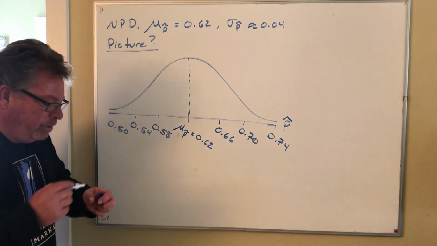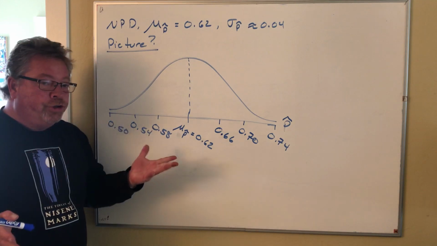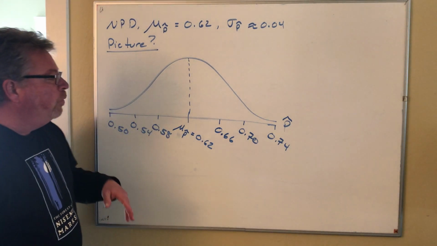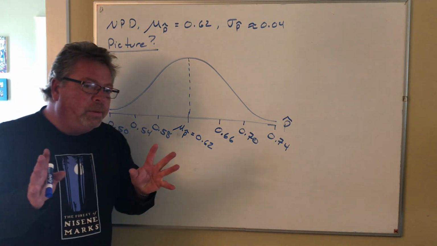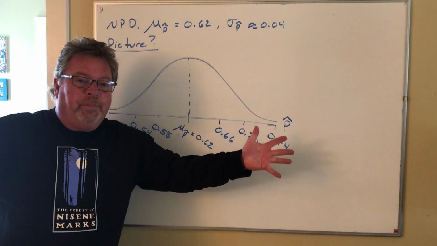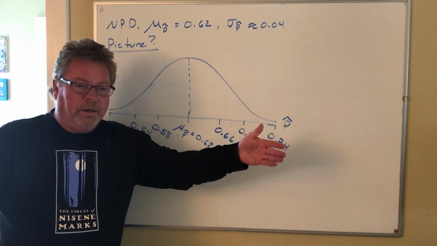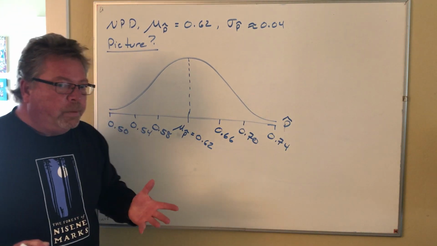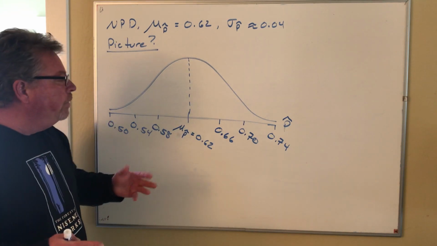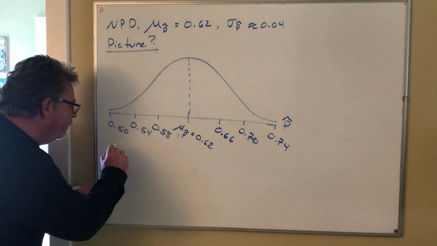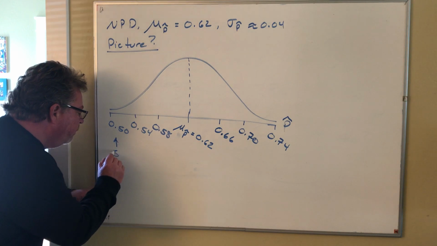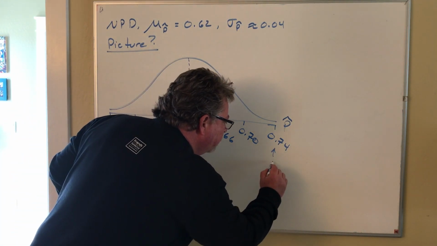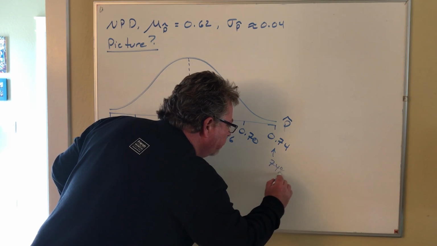So it's really important that you understand what this picture shows. It shows you what's within reason for values of p hat. Arguably, any value of p hat between 0% and 100% is possible, but that's a theoretical statement. Within reason are values of p hat that are anywhere between 50% and 74%.